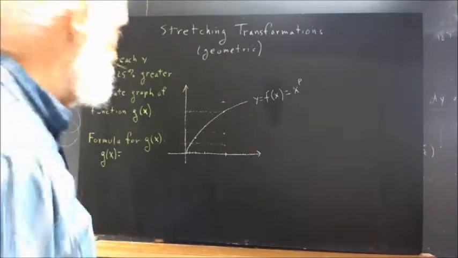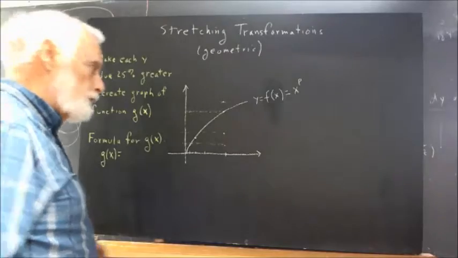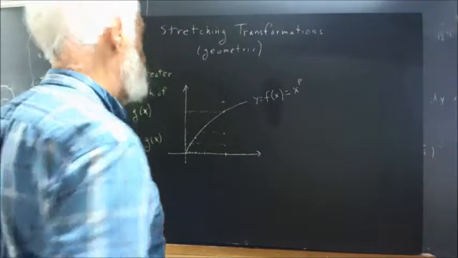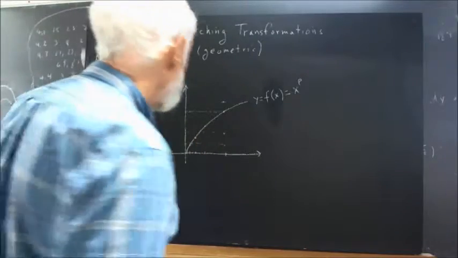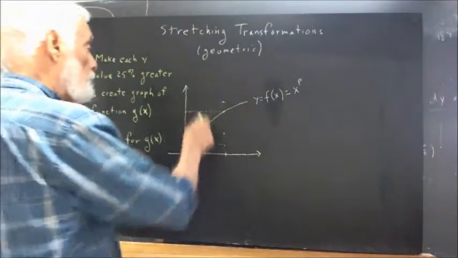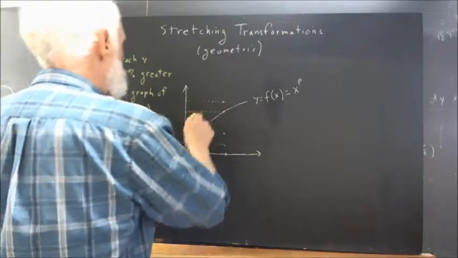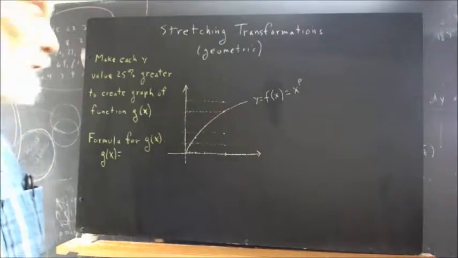Now various ways we could use the compass to make sure this point is located as accurately as we can. In any case, now the y value here is now 25% greater than it was.